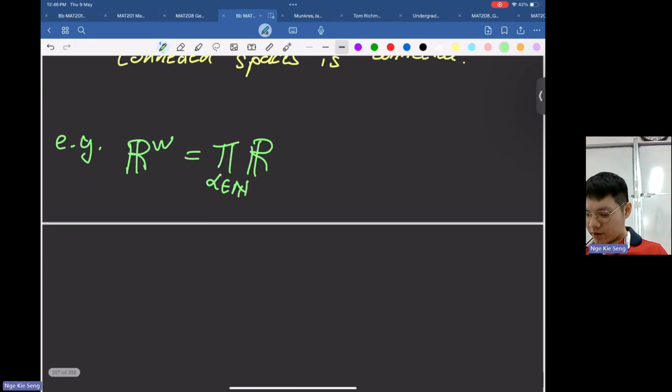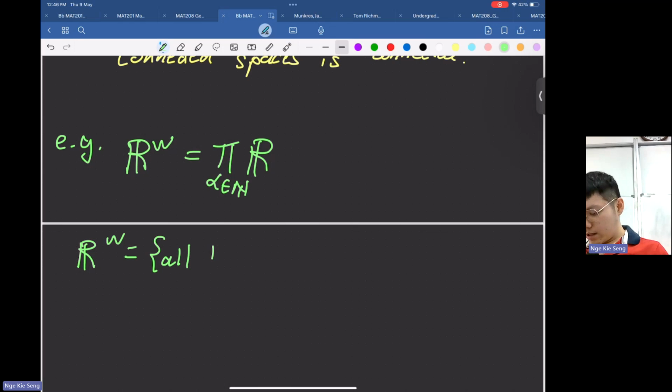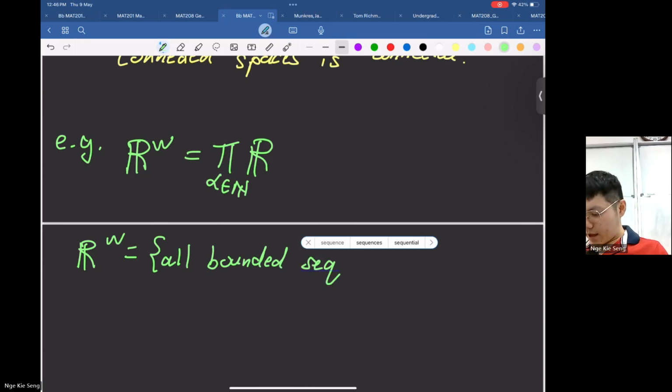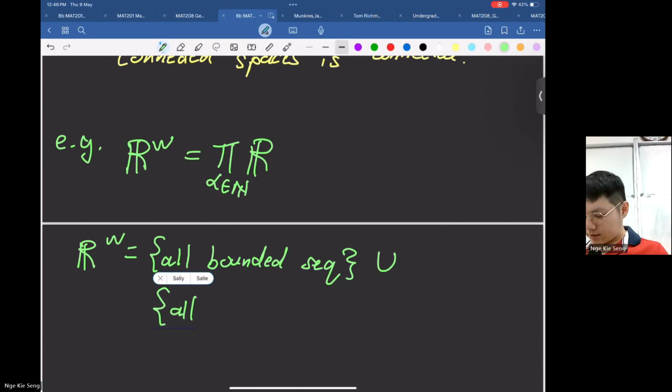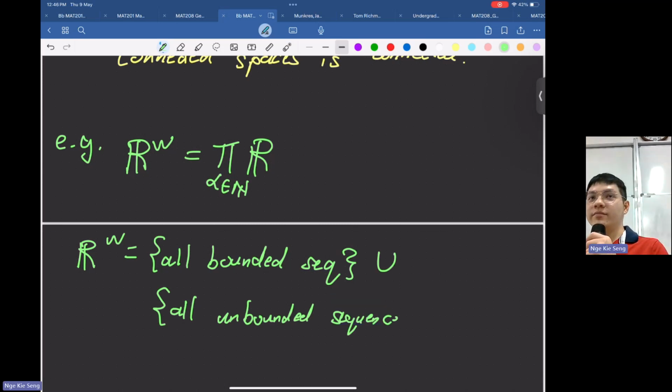One way given by your book is to take all bounded sequences and all unbounded sequences. These two sets are disjoint, first of all, and non-empty, quite obvious.